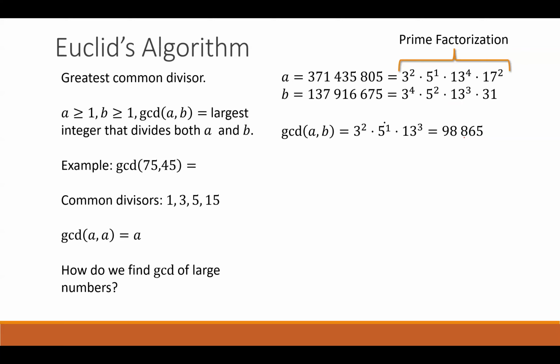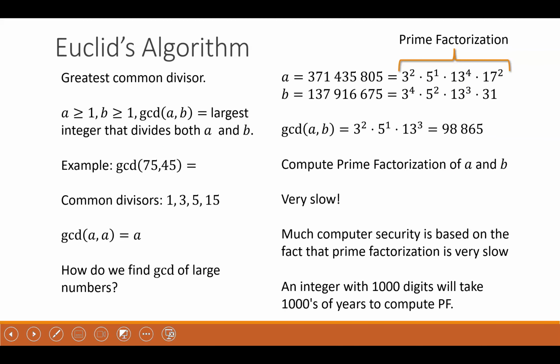So this is guaranteed success, but it takes a long time to compute the prime factorization. Very, very slow. And a lot of computer security is based on the fact that prime factorization is very slow. If I have an integer with 1,000 digits, that's thousands of years to compute. So this works, but it's not the fastest.